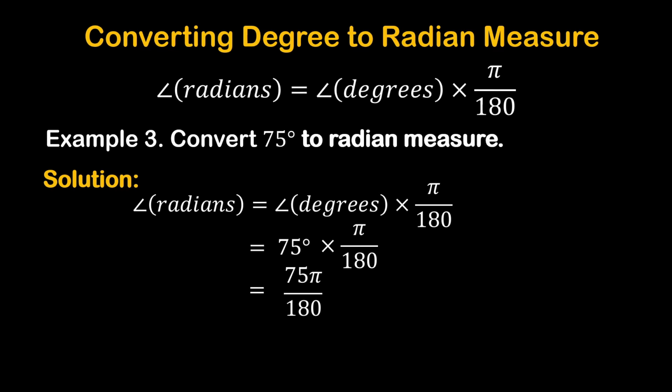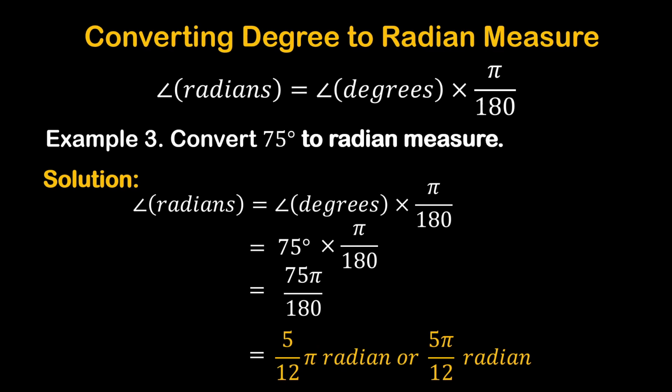The simplified form of 75 pi over 180 is equal to 5 over 12 pi radian or 5 pi over 12 radian. So, that's our final answer. That means 75 degree is equal to 5 over 12 pi radian or 5 pi over 12 radian. So, that's the answer for our third example.